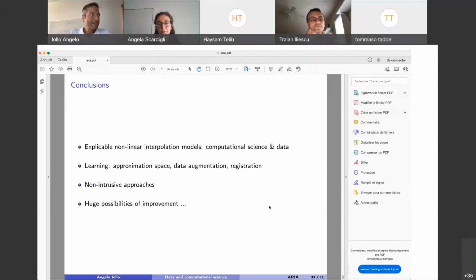So my answer can be a little bit political, in the sense of saying, look, artificial neural networks, you don't know exactly what you are doing. This approach is an explicable nonlinear interpolation. So you know what you are doing. The result can be good, exceptional, bad, but you know what you are doing.